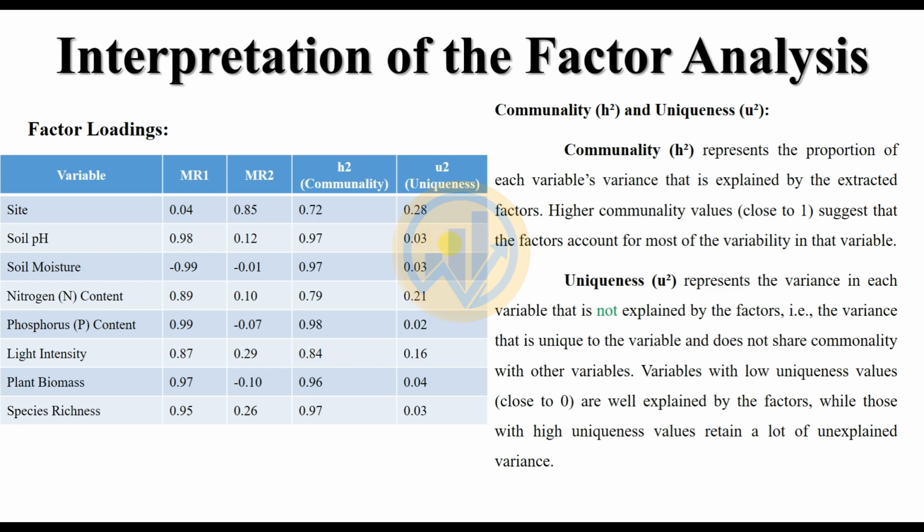Uniqueness, u2, represents the variation in each variable that is not explained by the factors, that is, the variation unique to the variable and not shared with other variables. Variables with low uniqueness values, closer to 0, are well explained by the factors, while those with high uniqueness values retain a lot of unexplained variation.